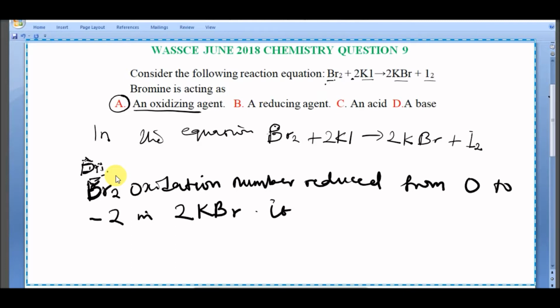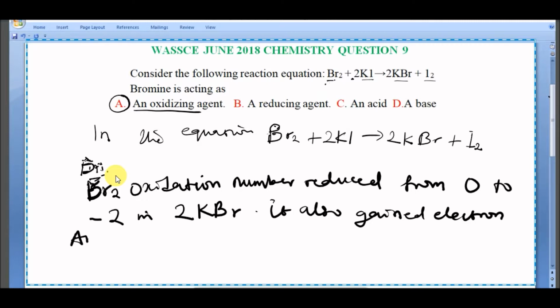We also noted here that it gains electrons. And you know that that very substance that has its oxidation number reduced, or that gains electrons, is an oxidizing agent.